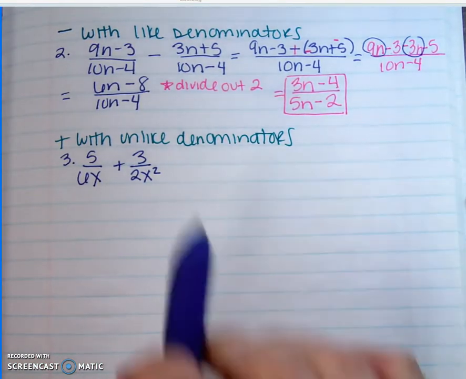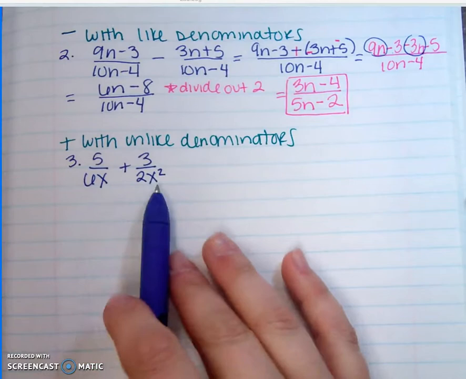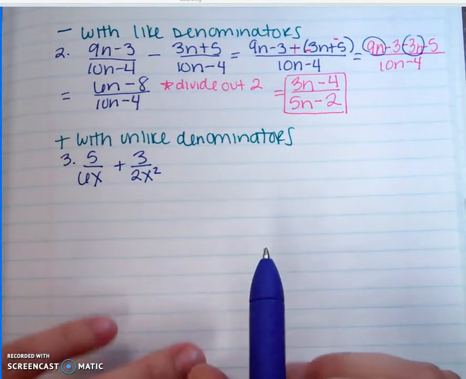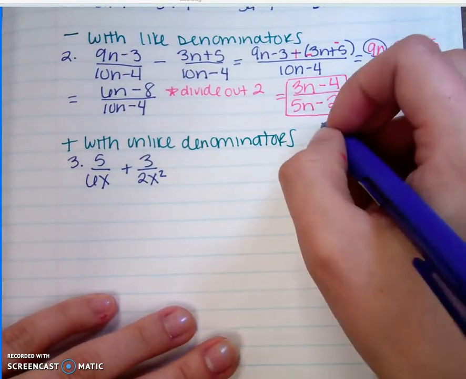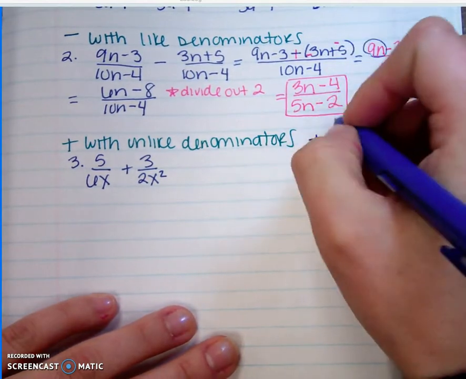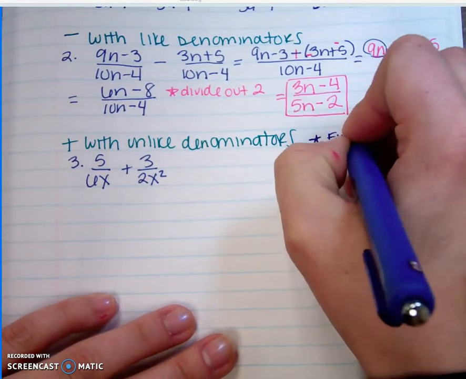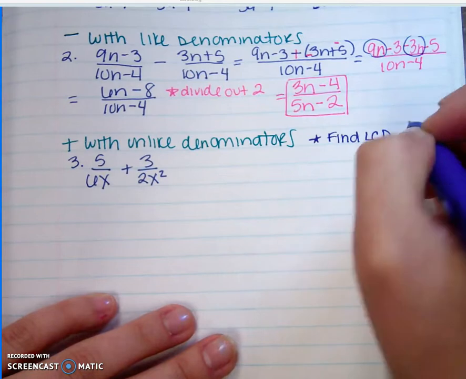The first thing I'm going to have to do is make my denominators the same. So that means that we're going to find our LCD, the least common denominator.